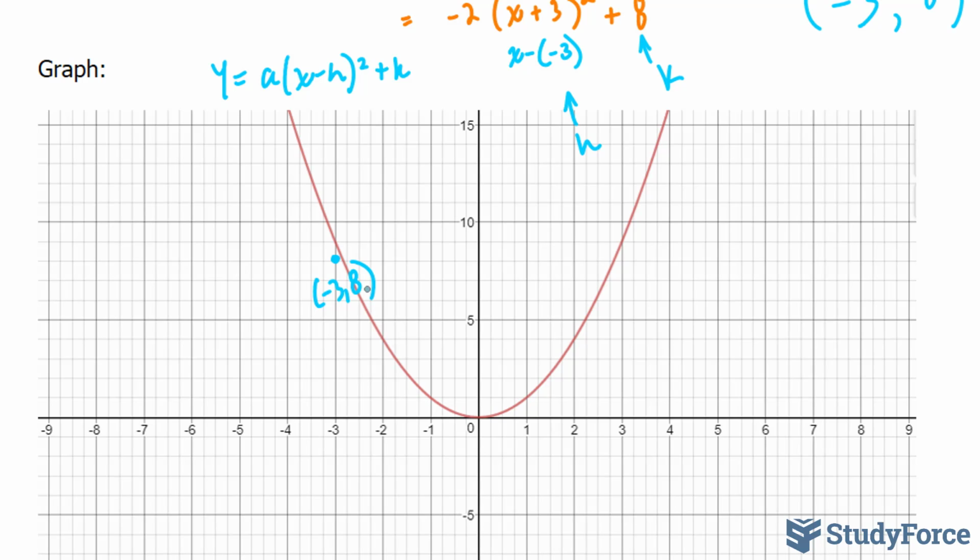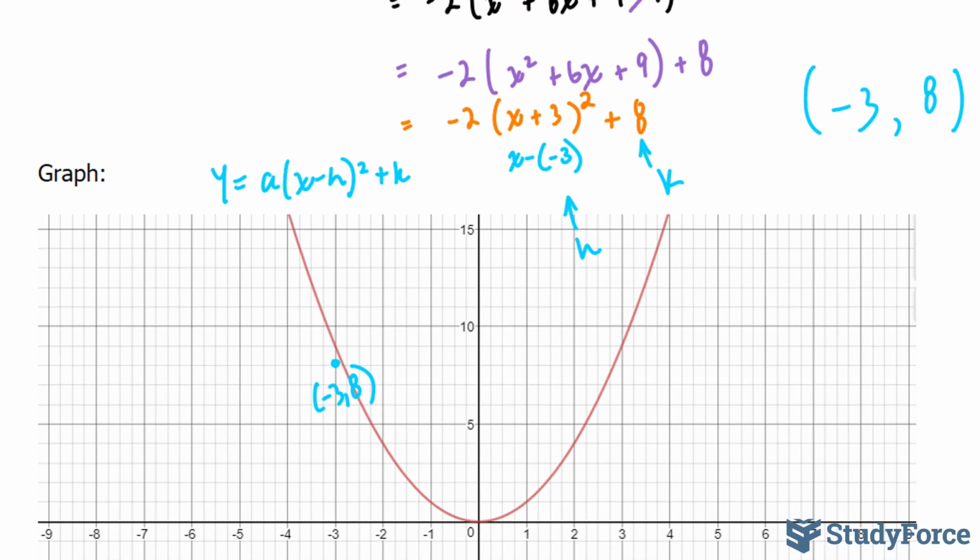So those two transformations have already been done by plotting this. The next step is to identify the a term, and our a term here is negative 2, which means that it's going to be facing downwards, and it's going to be vertically stretched by a factor of 2. In other words, it will be skinnier than the basic parabola by a factor of 2.